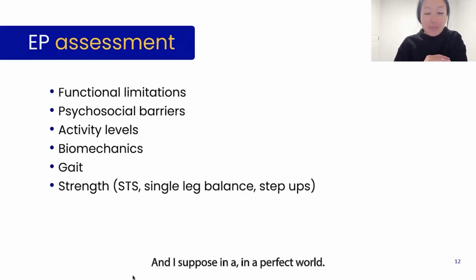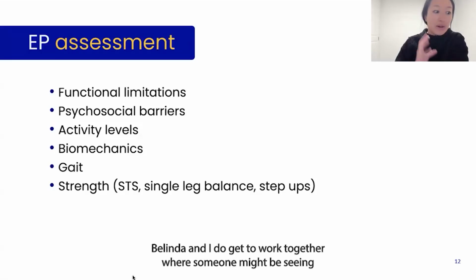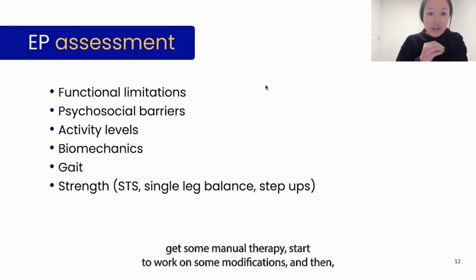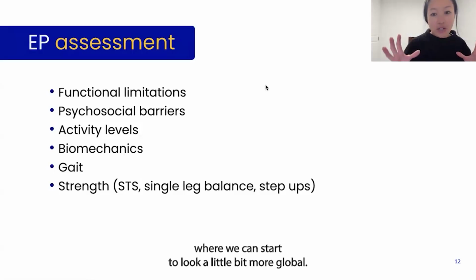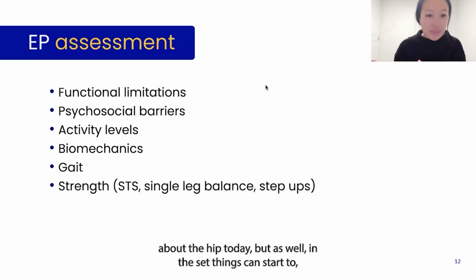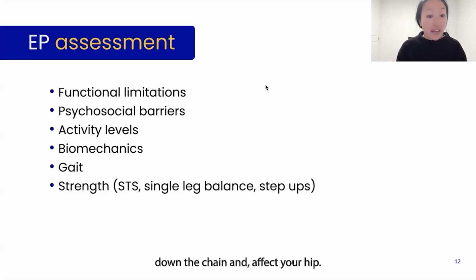And I suppose in a perfect world, and sometimes Belinda and I do get to work together, someone might be seeing a physiotherapist first to again get that initial assessment, get some manual therapy, start to work on some modifications, and then the physio might refer them on to an exercise physiologist where we can start to look a little bit more global. And when I say global, again, I know that we're talking about the hip today, but as Belinda said, things can start to go up or down the chain and affect your hip.